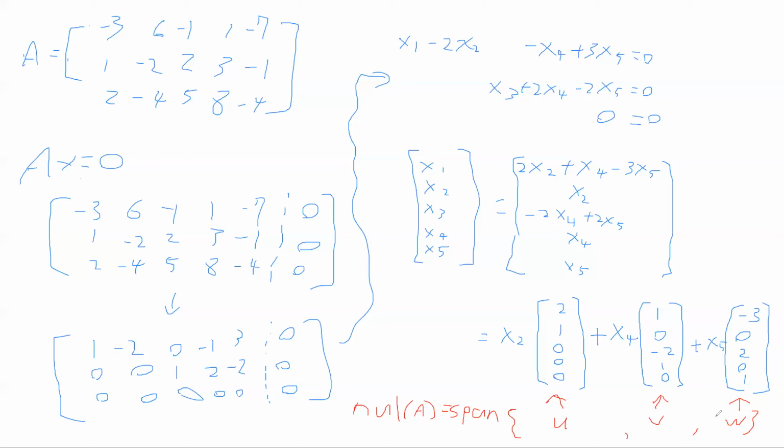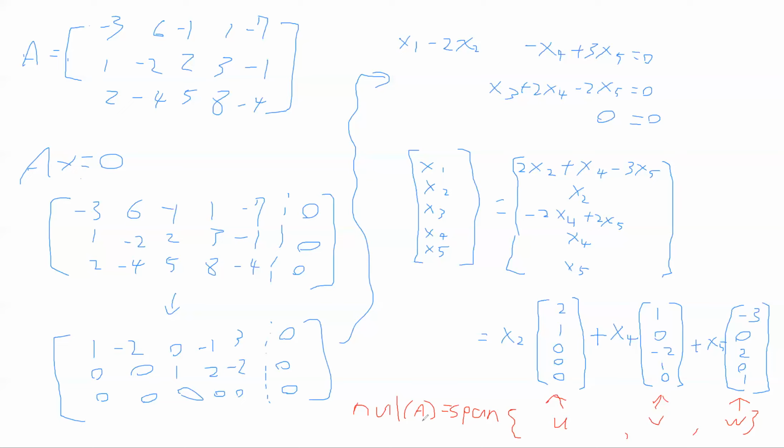You don't necessarily have to have three. Sometimes you have more. And these are your basis for the null space of A. Now remember that we talked about the basis, which are the vectors that make up the whole thing, right? So if we span the basis u, v, and w, we get the whole thing, which is the null space of A. Okay? And this is how you find a basis for the null space of a matrix.